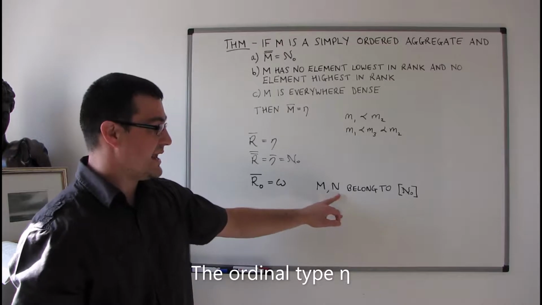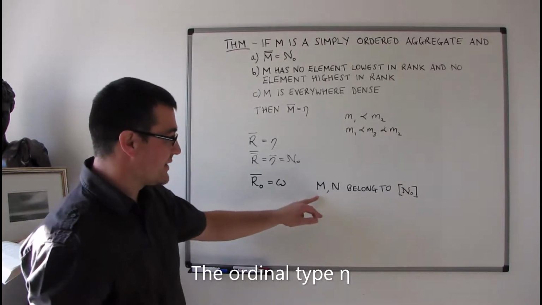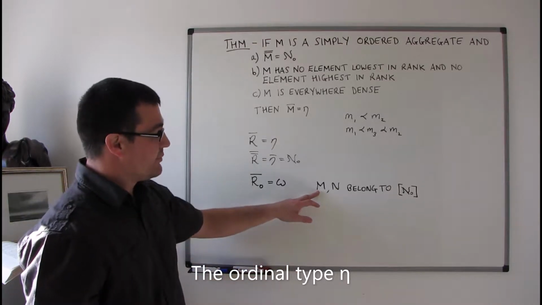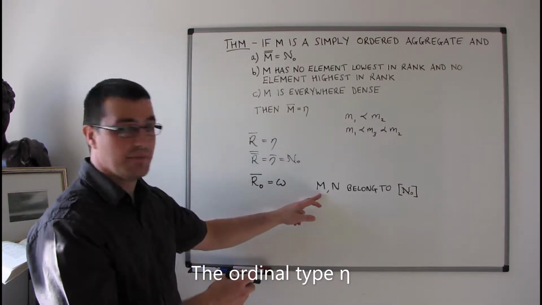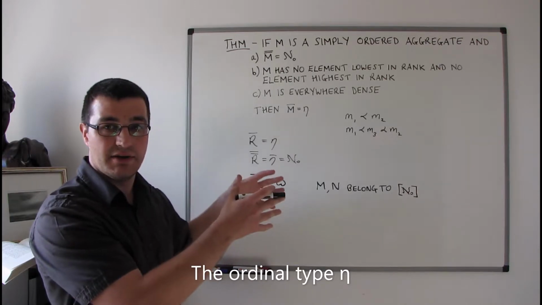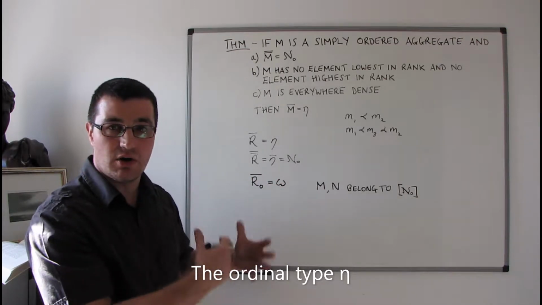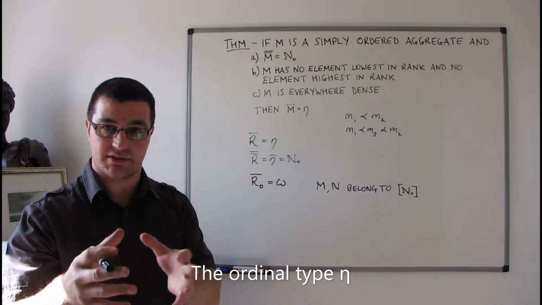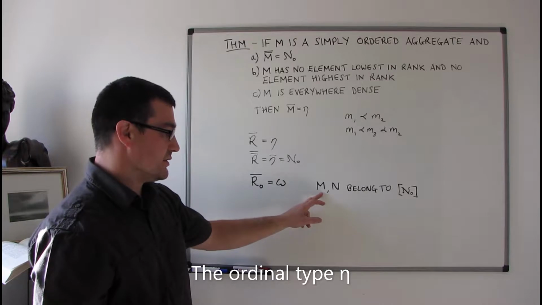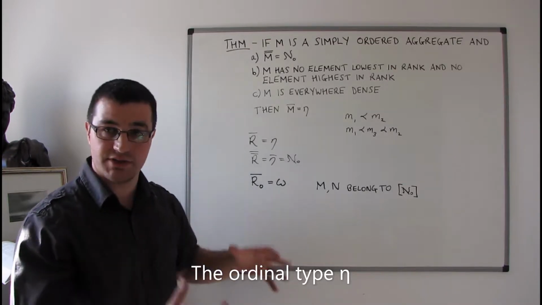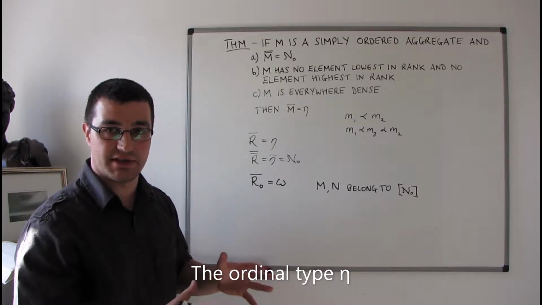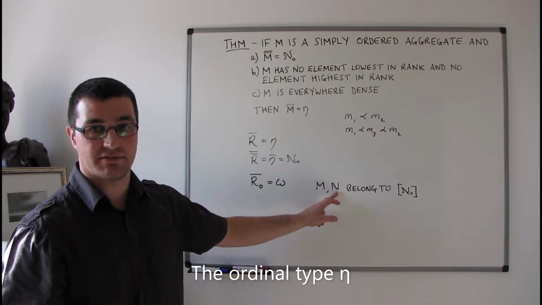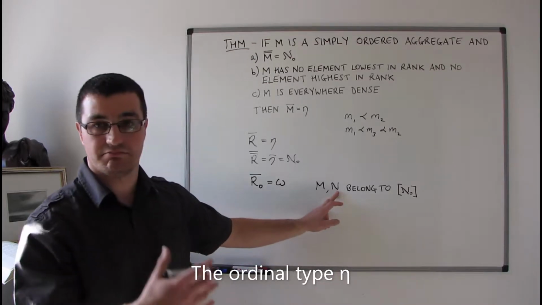Then if M and N are simply ordered aggregates, but with potentially different ordinal types, then we can always bring M, the aggregate M, kind of reorder the elements or redefine the order so that it has the same ordinal type as N. So that means obviously destroying its original order, rearranging the elements in a particular way so that they resemble more those elements of N, and similarly vice versa.